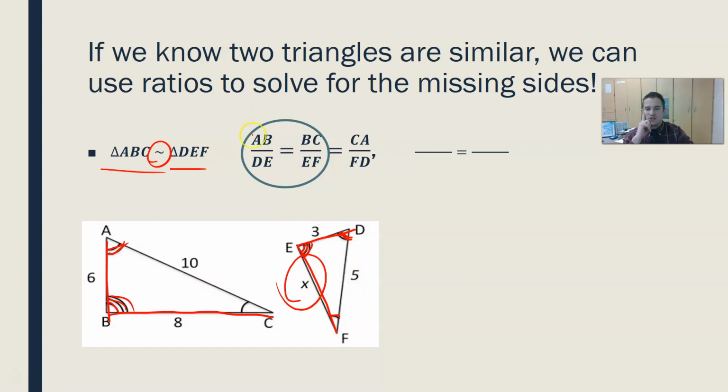So let me set up a fraction. AB divided by DE: AB is 6, DE is 3. So 6 divided by 3 is equal to BC over EF, or 8 over x. So 6 over 3 has to be equal to 8 over x. What can I do here?